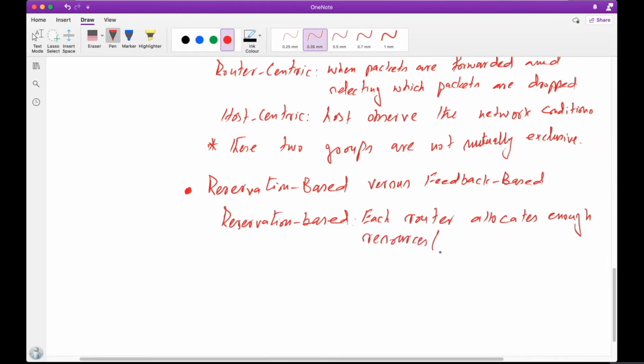And what do we mean by these resources? These resources mean that we are talking about the buffers and the percentage of the link's bandwidth.